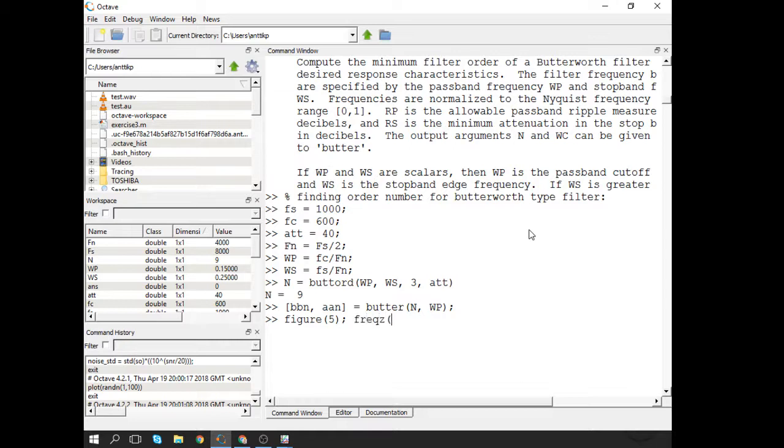Yes, you have a question? Yes, exactly. But what is the difference of WN and WP? Is it the same? Wait a minute. This one gives the also N and WN. Yes.